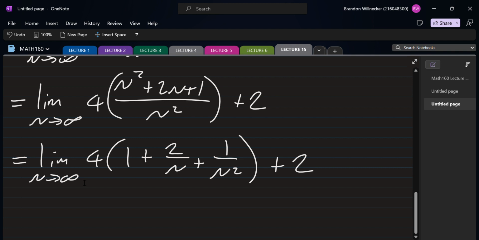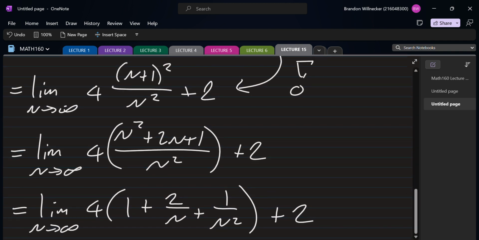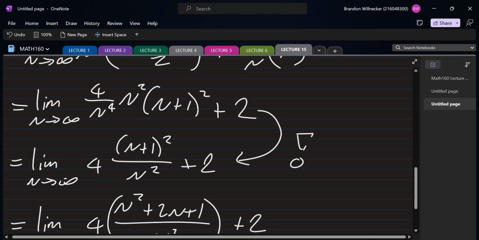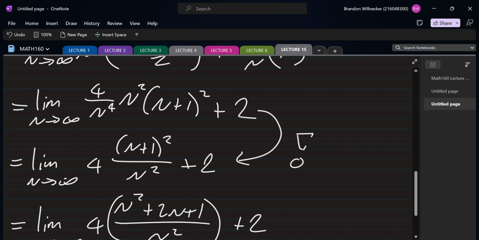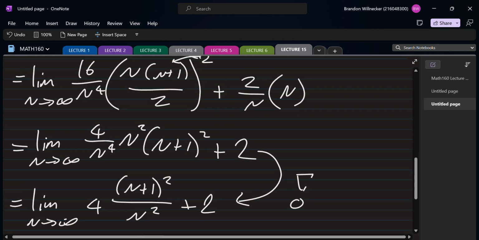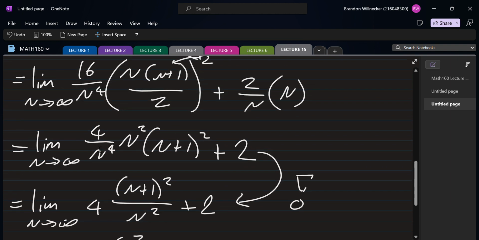Yep, which parts? Here. Yep. So we had 4 over n to the 4, and then an n squared. So it was n squared at the top, n to the 4 at the bottom.